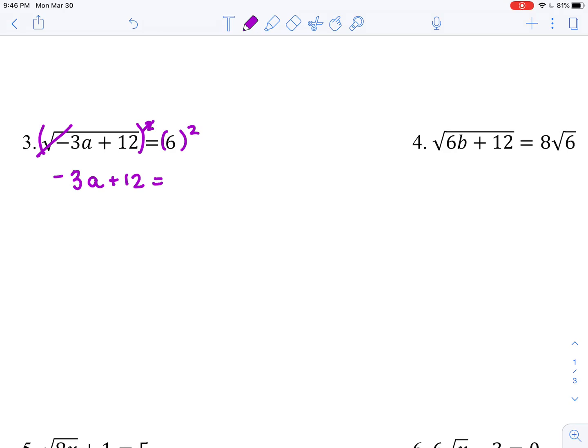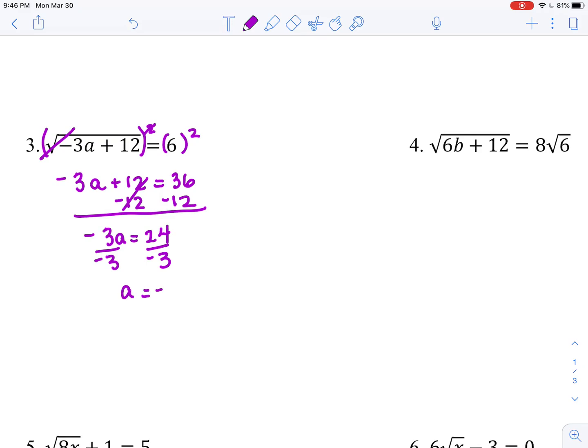And on the right side of the equation, 6 squared is 36. Now we can solve for a. So subtract 12 from both sides. So -3a equals 24. And when you divide both sides by -3, a should be -8.